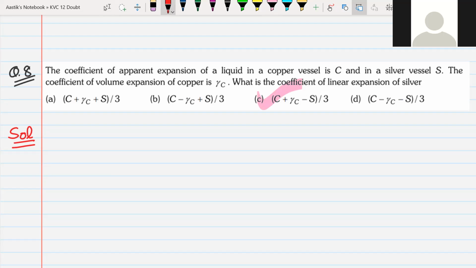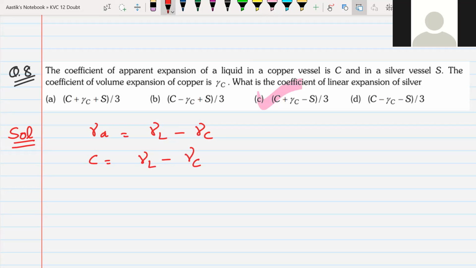So remember, the apparent expansion, gamma apparent, is gamma of liquid minus gamma of the container. Now, in the copper vessel, it is given as C. So C will be equal to gamma of liquid minus gamma of copper.